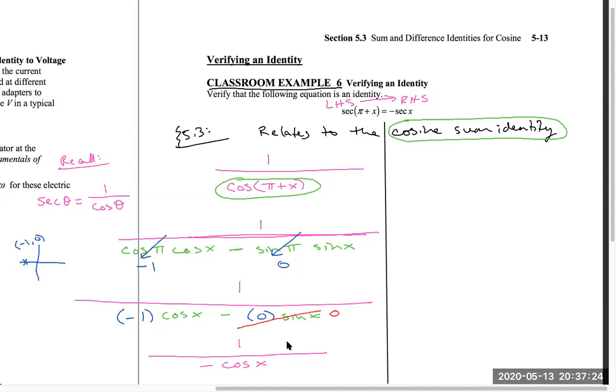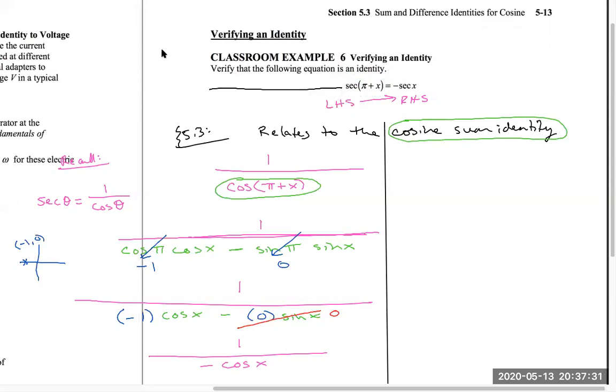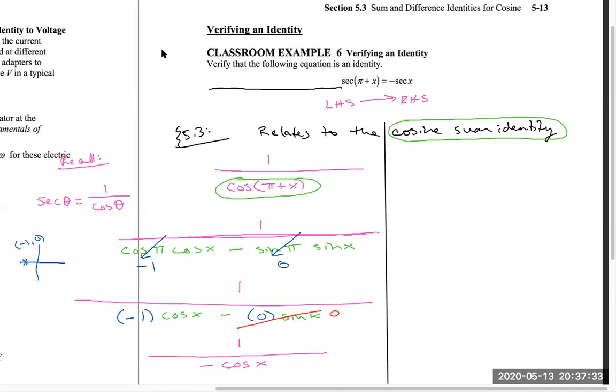Let me see if I can smoothly move this down.